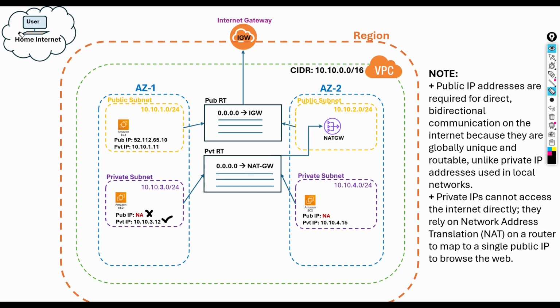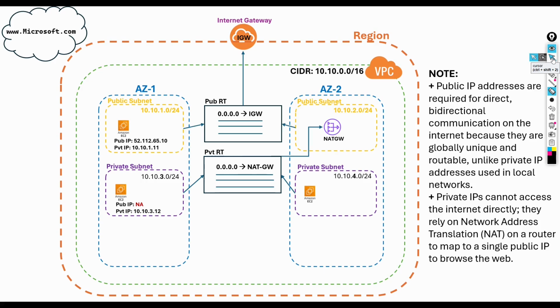Let me relate this to the NAT gateway. Now let's discuss the private subnet for inbound and outbound internet access. In the private subnet, this machine has no public IP address.